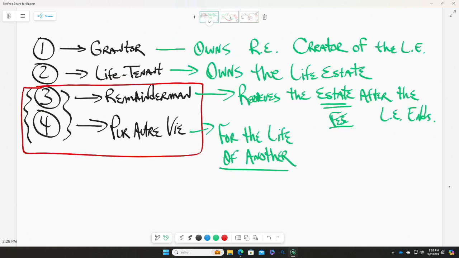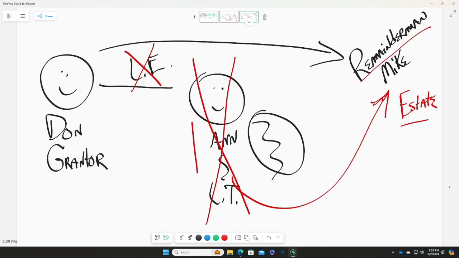That's why I said over here, I wanted you to understand the remainderman receives the estate. That's what we call it. In other words, Mike owns the real estate, the property, and he owns it in fee simple. It's his because the life estate has ended in this example.